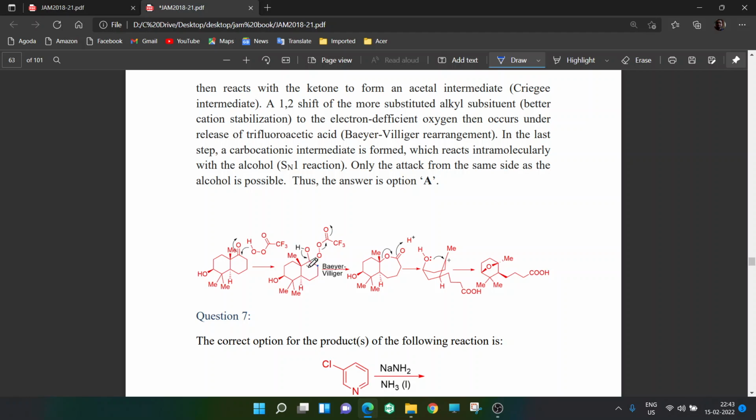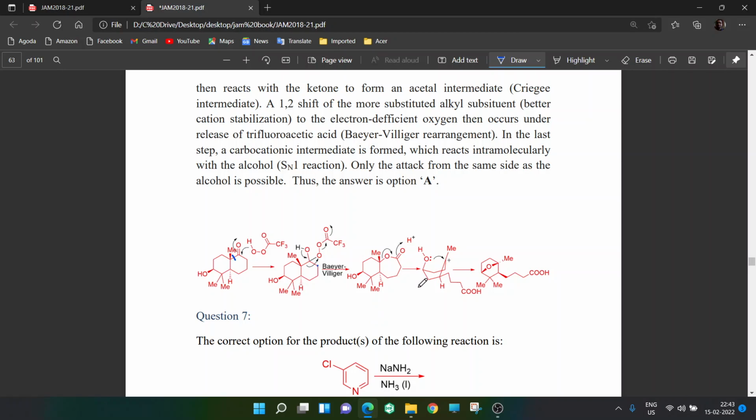So always, migration of the more substituted carbon occurs in Baeyer-Villiger oxidation. So this moves in. If you don't know the mechanism, it's all right during competitive examinations, because wherever you see more substitution, just insert oxygen in between, something like this, and you get an ester.